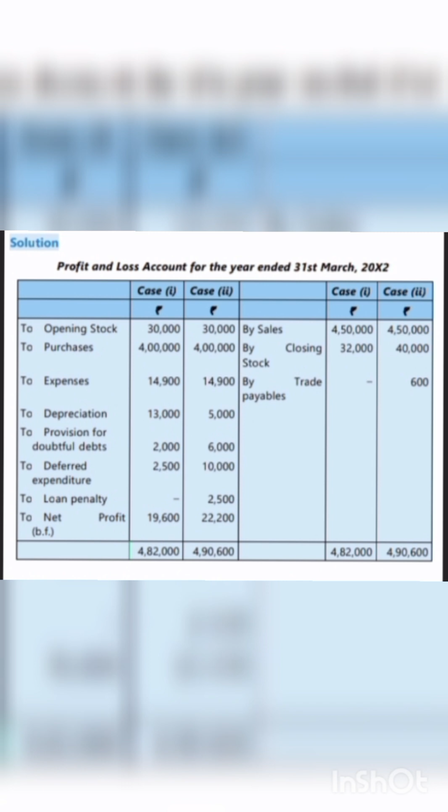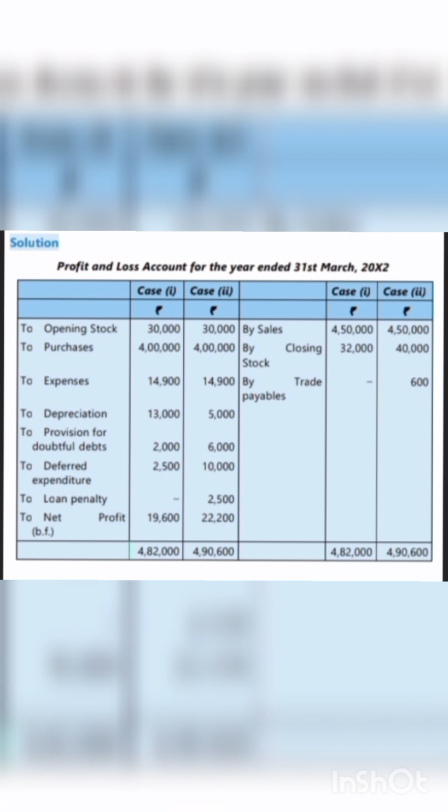And the next part of the expense column is depreciation. It is rupees 13,000. It has been obtained by dividing rupees 65,000 by 5, as explained in the additional information part A. 65,000 by 5 is rupees 13,000.